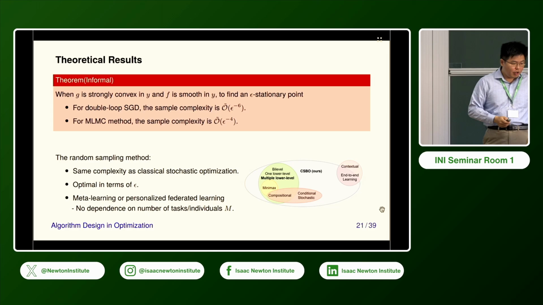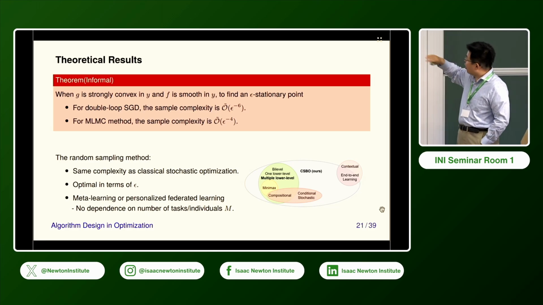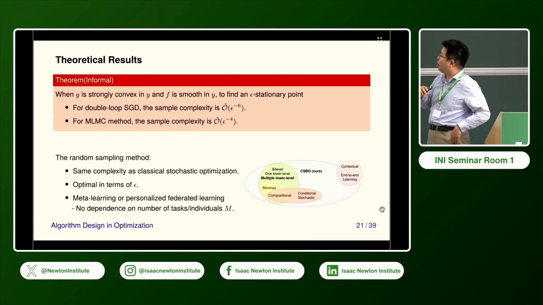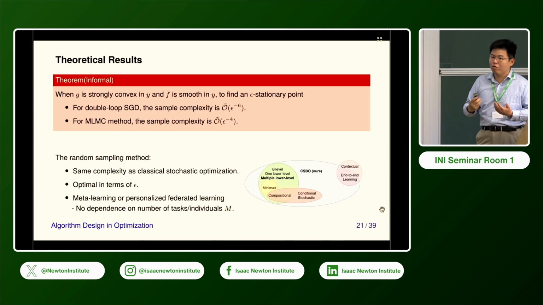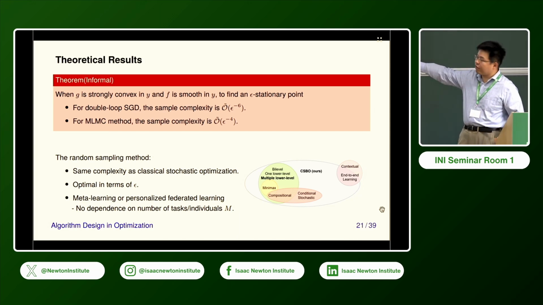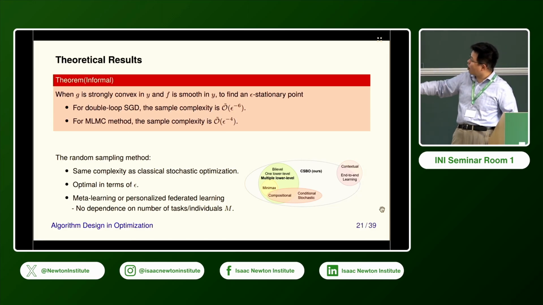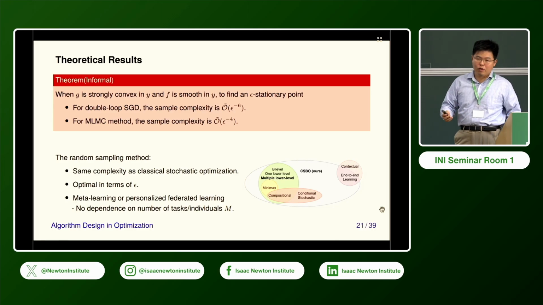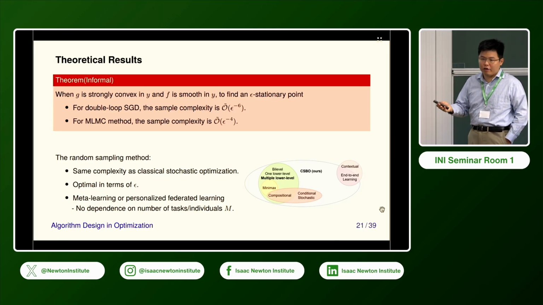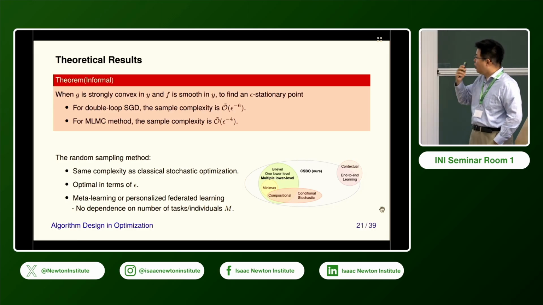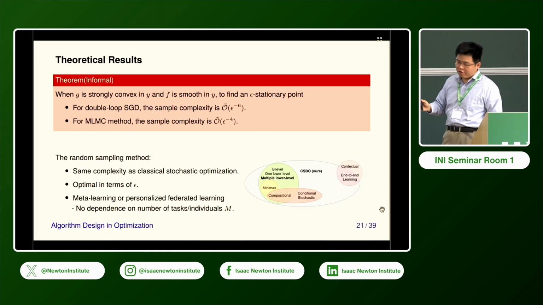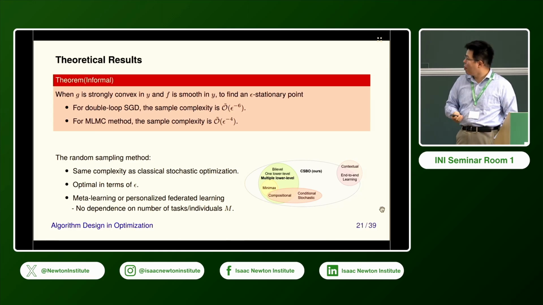But nevertheless, if you have this type of result, then you can show that if the lower level problem is strongly convex, using these double loop methods the complexity bound is worse compared to the non-contextual setting. But if you utilize this multi-level Monte Carlo type of gradient estimator, you get a complexity that is only logarithmically worse than the non-contextual setting. It's just logarithmic. And in terms of sample complexity, if you ignore this logarithmic term, it's optimal.